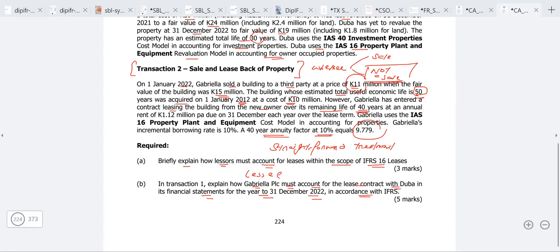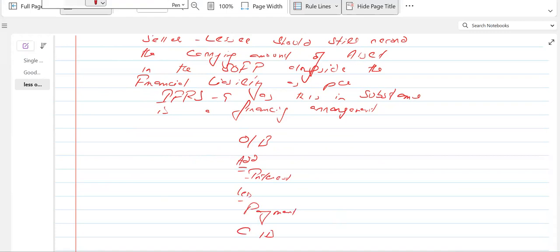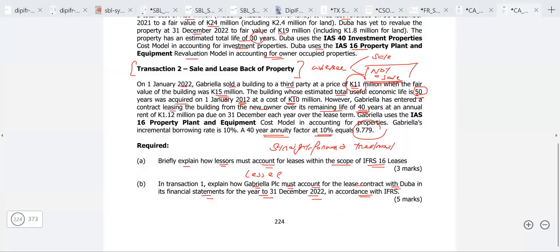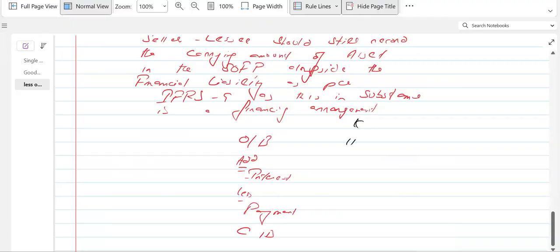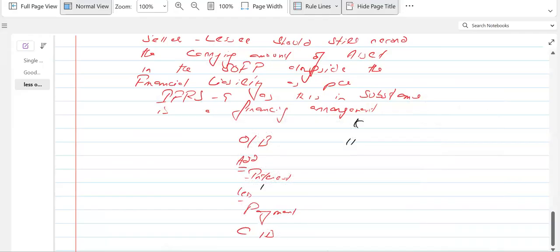So this is how amortized cost works. Opening balance, add interest, less payment, and you get the closing balance. The opening balance is 11 million because they took a loan of 11 million. The interest rate is 10%, so that means 10% of 11 million.